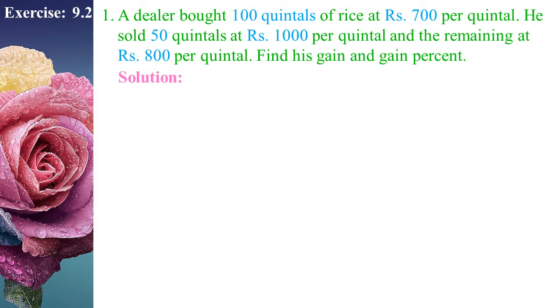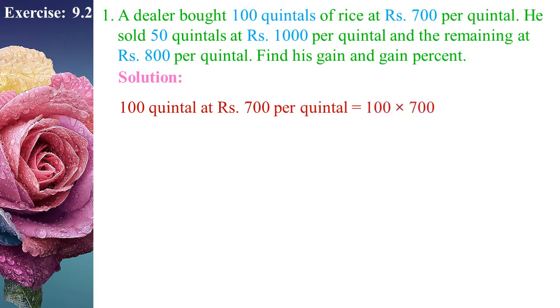So, solution. A dealer bought 100 quintals of rice at rupees 700 per quintal. Per quintal rupees 700, and he bought 100 quintals.